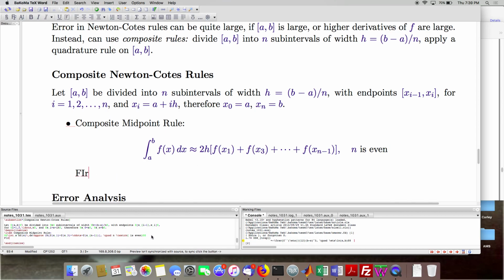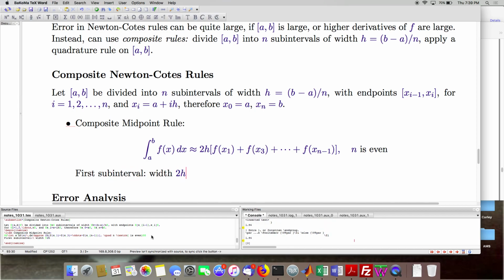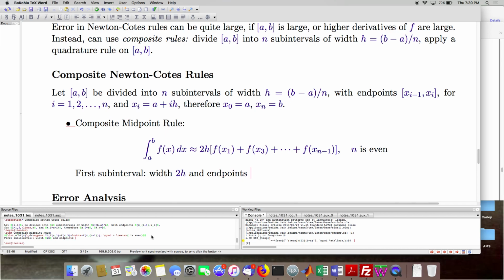So the first subinterval with width 2h and endpoints x0, x2, and midpoint x1. Second subinterval is also width 2h. They all have width 2h.